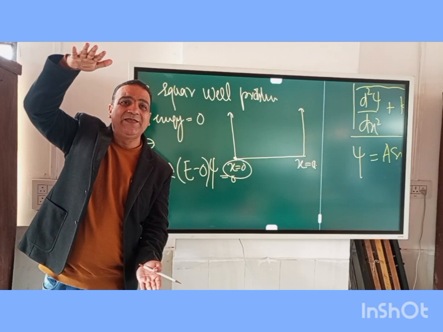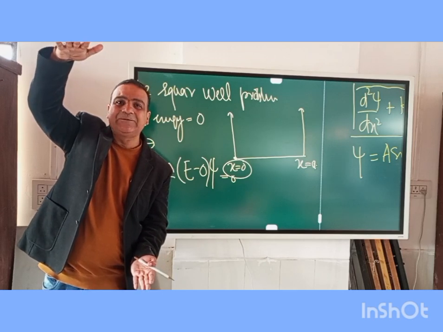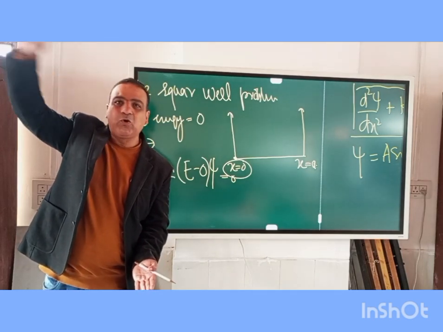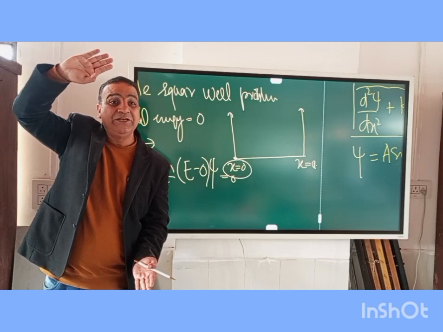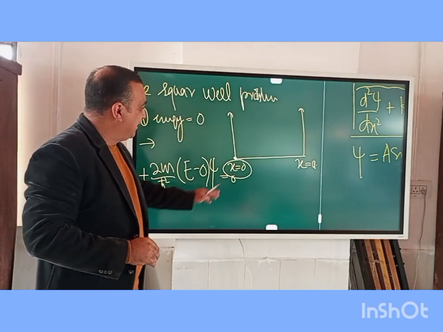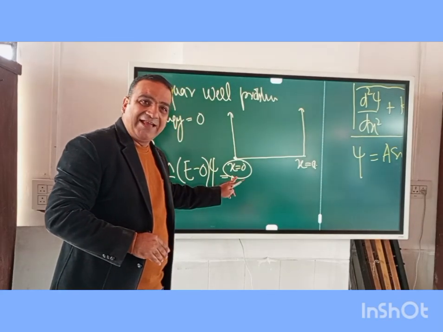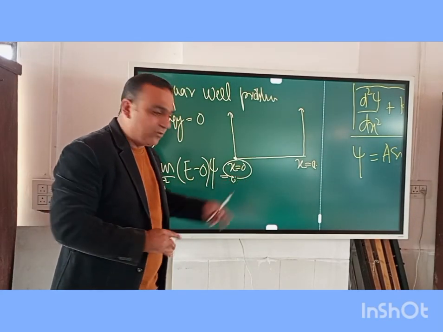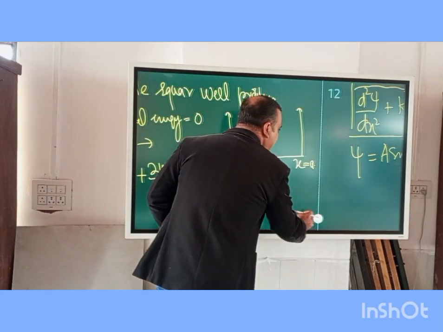But here we are assuming that the potential is infinite, so there is no question of penetration of the particle. So your wave function at x is equal to 0 is exclusively 0. So I'll be using this boundary condition.